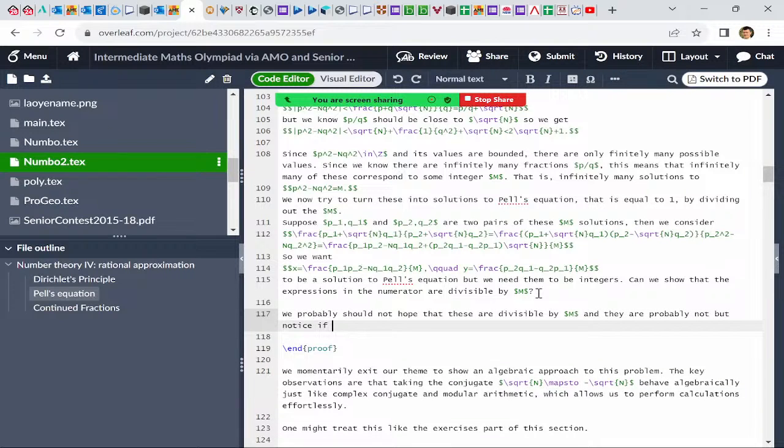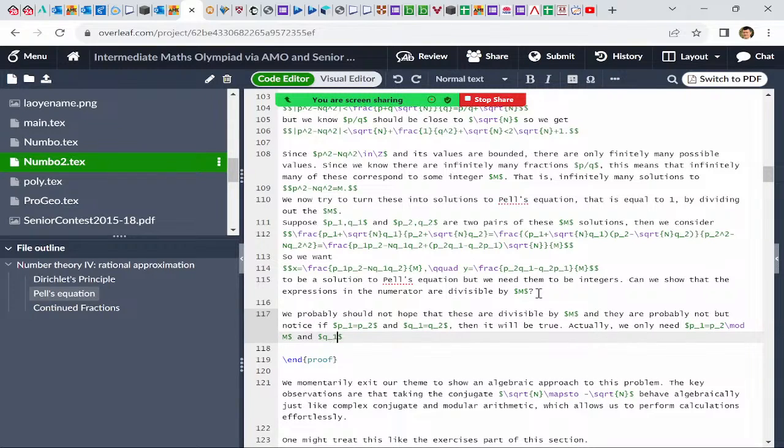But notice, if P1 equals P2 and Q1 equals Q2, then it works. Actually, we only need P1 equals P2 mod m and Q1 equals Q2 mod m.